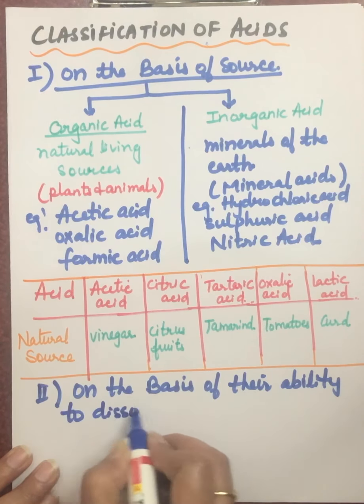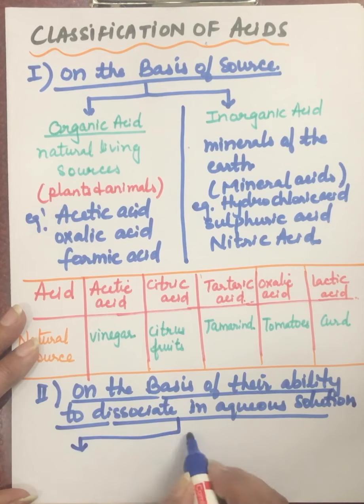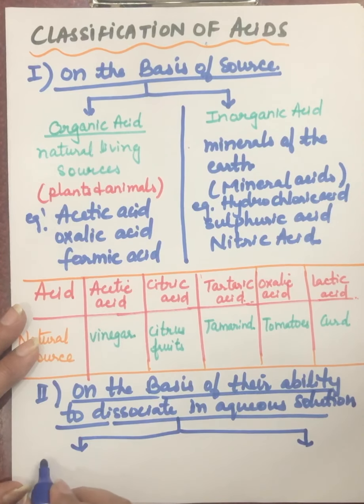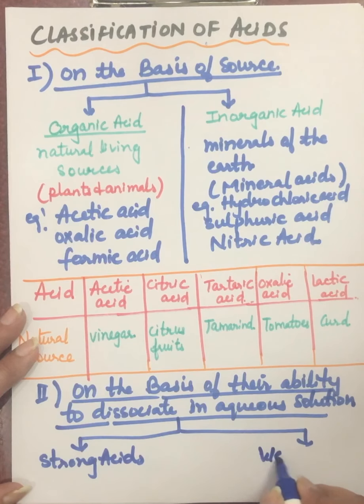Since acids dissociate in aqueous medium and give H plus ions, on the basis of their ability to dissociate in aqueous solution, these further are of two types: strong acids and weak acids.